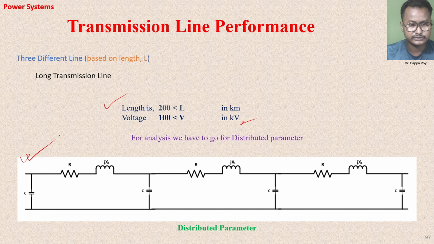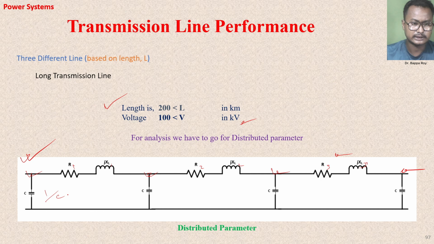Here you can say C. At every point of the transmission line length, a capacitor is connected, and in between that, resistance and inductance are there. If we write it down, R1, XL1, then R2, XL2, then R3, XL3.